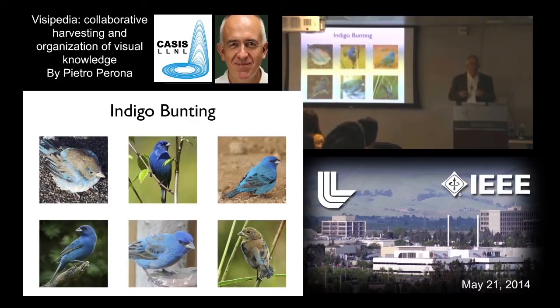It turns out that the Indigo Bunting has an almost twin, a bird that is almost unrelated in the taxonomy, but is very similar, and it's called blue-grouse beak. And so here you have, in fact, pictures of both Indigo Buntings and blue-grouse beaks, and it's not easy to tell which is which unless you're trained to look at the details.